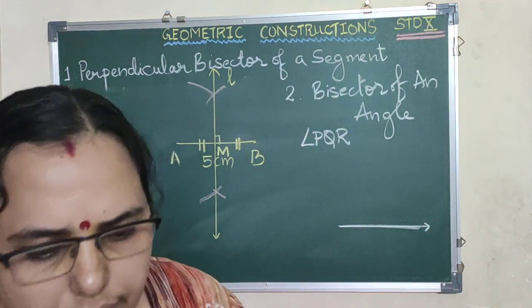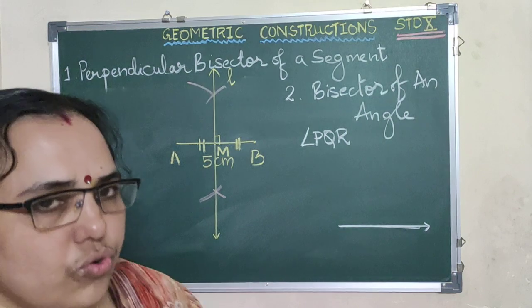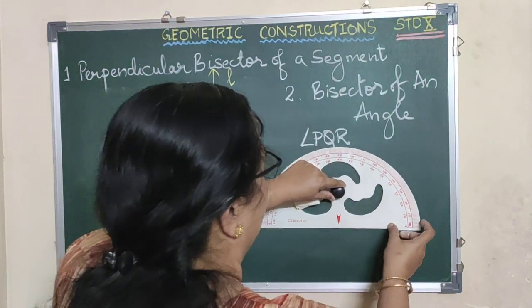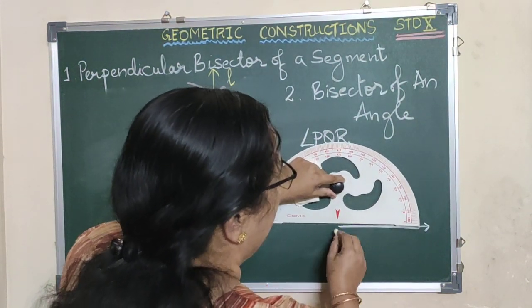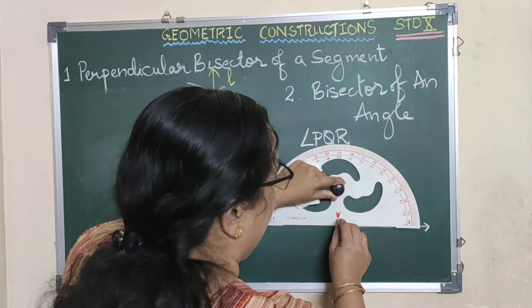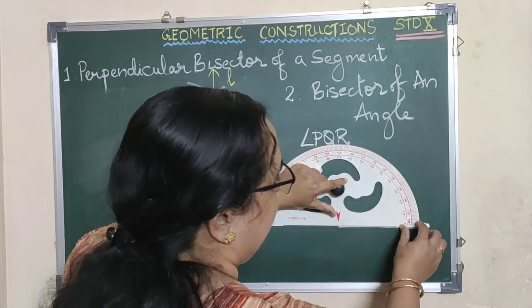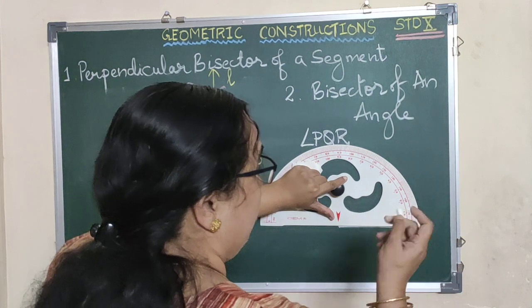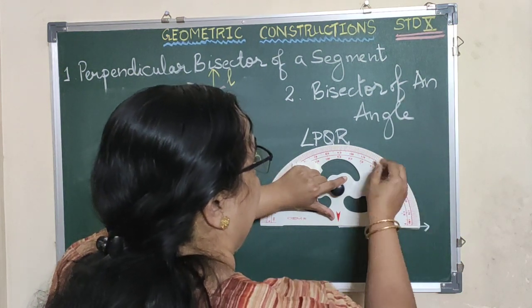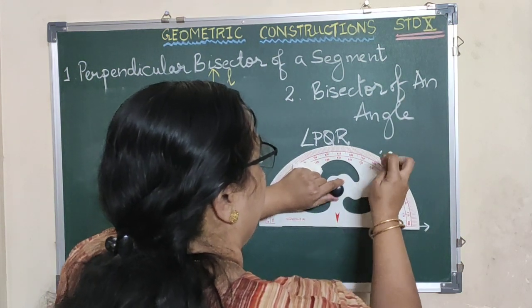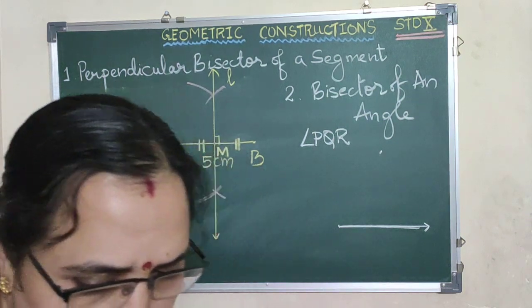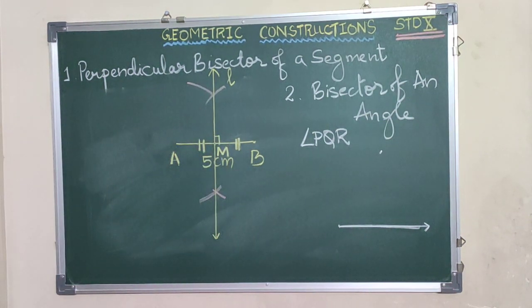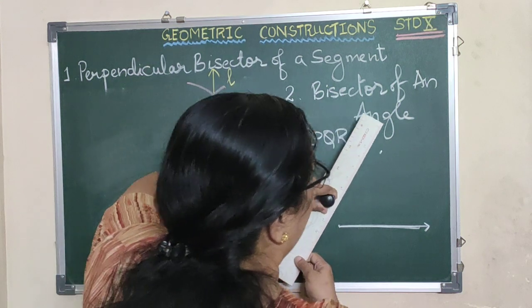I use a protractor to draw the angle. So this is my point on the ray. I keep the protractor properly. Whatever the measurement, let us take it as 60 degrees. I mark the point. I join the vertex here with this point.